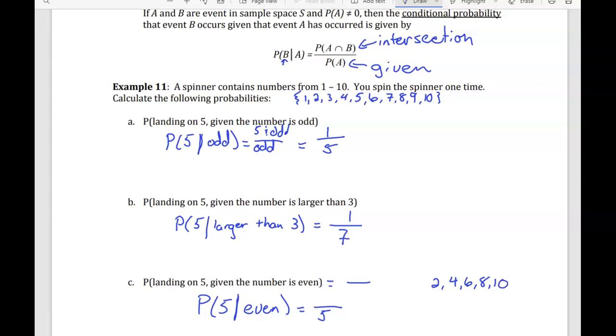Do we have a 5 in this group? No. Probability is this, because we know that it's an even number. If we know it's an even number, can we land on a 5? No. So we actually have a probability of 0, which is highly possible. Okay?